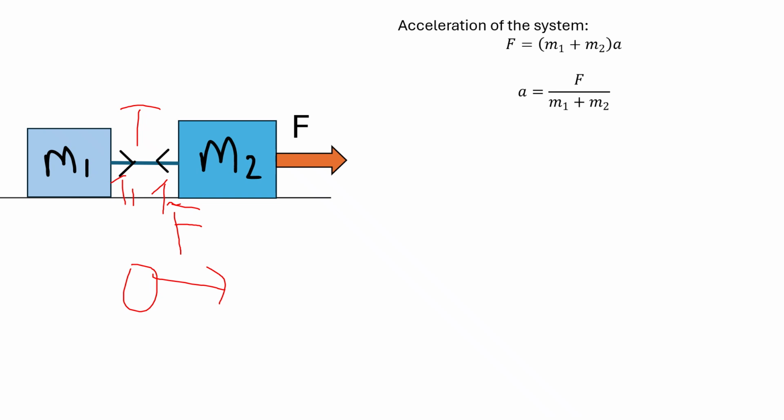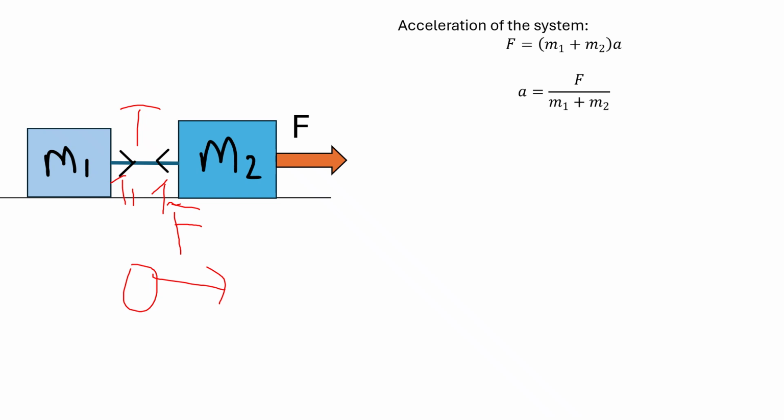So for M2, both forces F and T2 act on it, and for M1, only T1 acts on it. But we are saying that T1 is equal to T2, given a tension of T, because the string has the same tension across it. As explained earlier, it is massless. So the total acceleration is zero, the total mass is zero. So the total force in the string will be zero. So T1 minus T2 will be zero, meaning T1 equals T2. So based on that, we are saying that the tension is T.